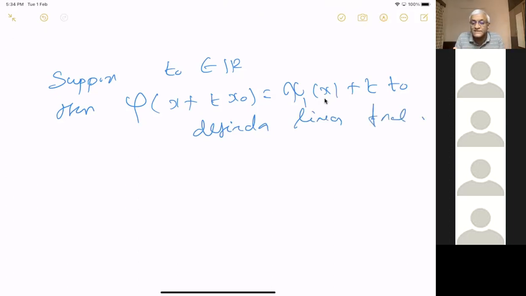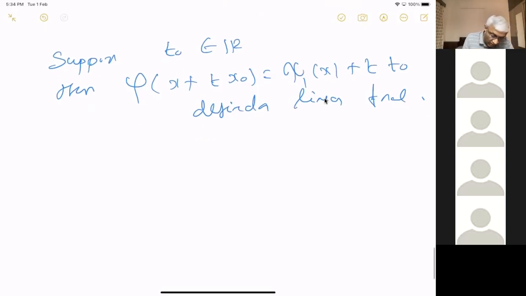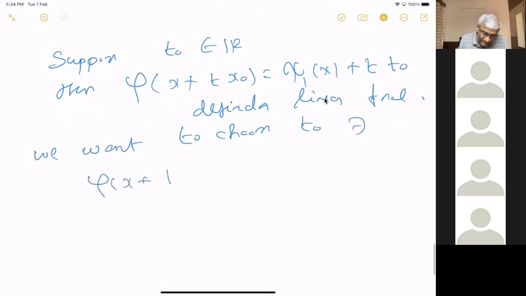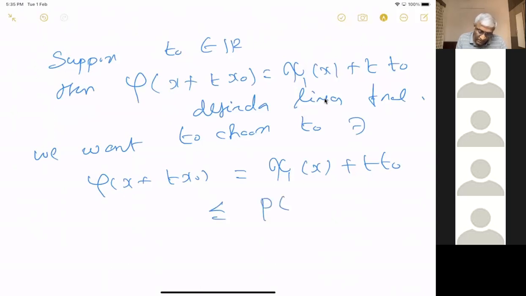All we need to verify is this. We have to choose a t naught such that it is dominated by the Minkowski functional. That's what we want to do. I mean, we want to choose t naught such that phi of x plus t x naught, which is equal to chi1 of x plus t t naught, is less than or equal to p of x plus t x naught.